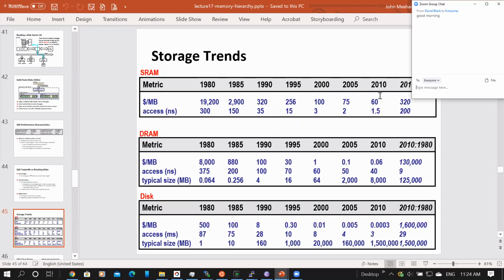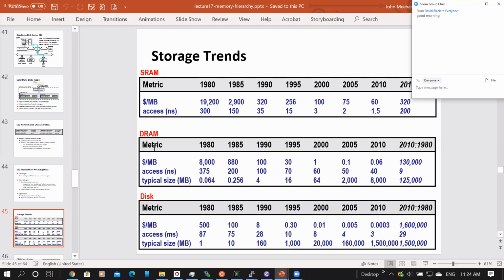Looking 30 years later in 2010, the price is 60 instead of 19,000. That's an improvement of 320 times, right? It cost 1/320th per megabyte as opposed to what it cost back then. The access time only improved 200 times because it's one and a half now, right? So not quite as much as the cost has come down, but that's still really good improvement.